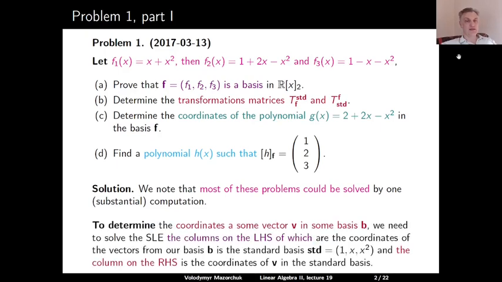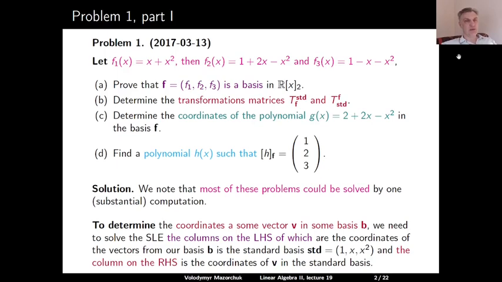The reason is that if we want to determine coordinates of some vector v in some basis B, we need to solve a non-homogeneous system of linear equations, for which on the left-hand side, the columns of the matrix of the system are the coordinates of the vectors from our basis B in the standard basis of our vector space.